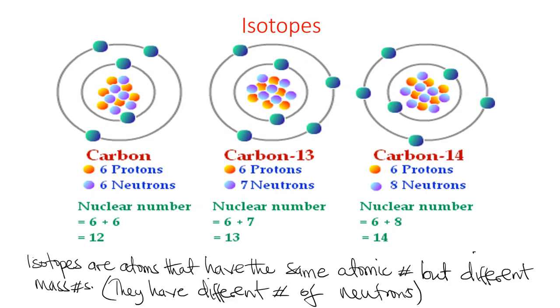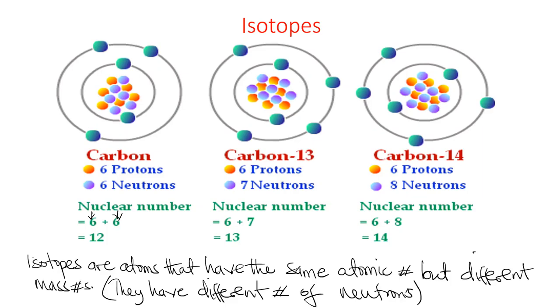So here we are looking at carbon. As shown here, we are showing three isotopes of carbon. We have carbon 12, which has 6 protons and 6 neutrons to give us the mass number of 12.